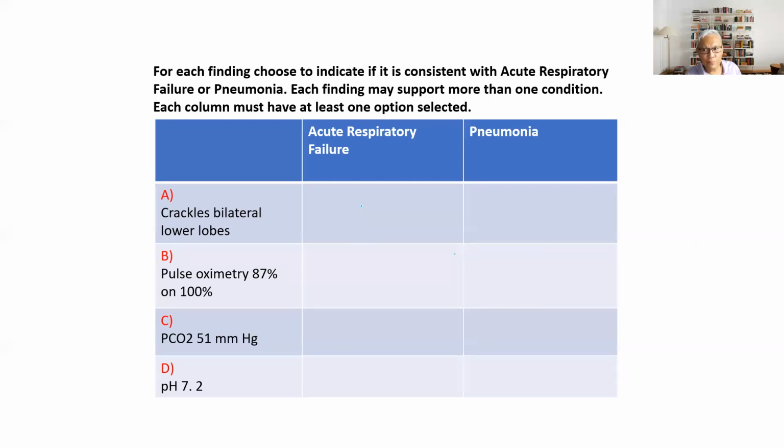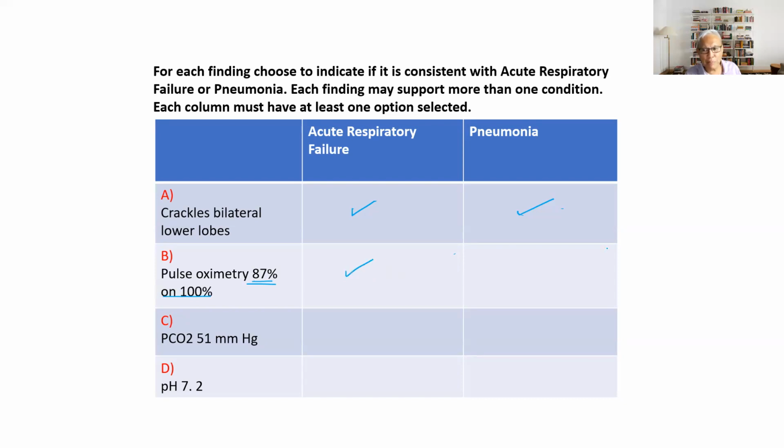Yes or no? Yes. Okay, very good. Do you also have crackles in pneumonia? Do we develop crackles also in pneumonia? Yes, very good. Okay. How about a pulse oximetry of 87% despite the 100%?